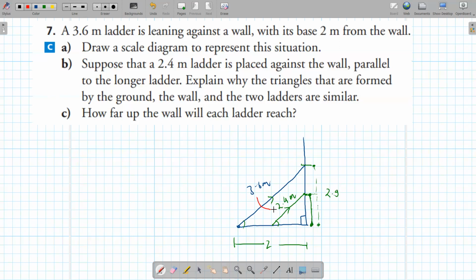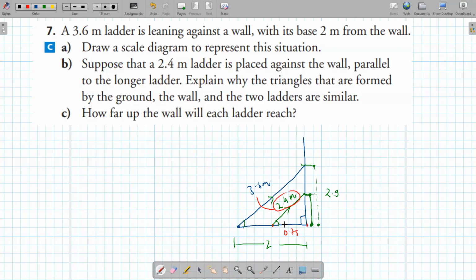Compare the two sides that we do know, 2.4 and 3.6. 1.5. Yeah, 1.5. So what would be the length from here to here, if the whole thing is 2? It'll just be 2 divided by 1.5, right? 0.75. Yeah, 0.75.